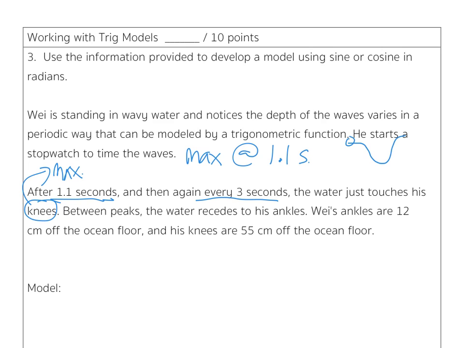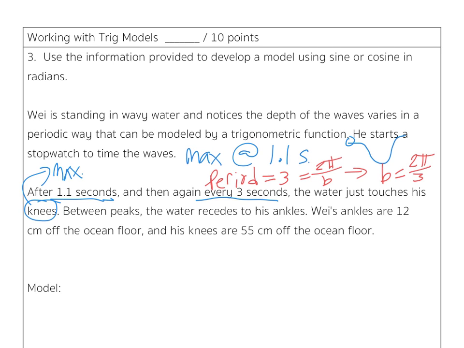Every 3 seconds, to me that screams period, because it's talking about repeating every 3 seconds. So in this case, if my period is 3, 3 would be 2 pi over that b value. That means that b is 2 pi over 3.